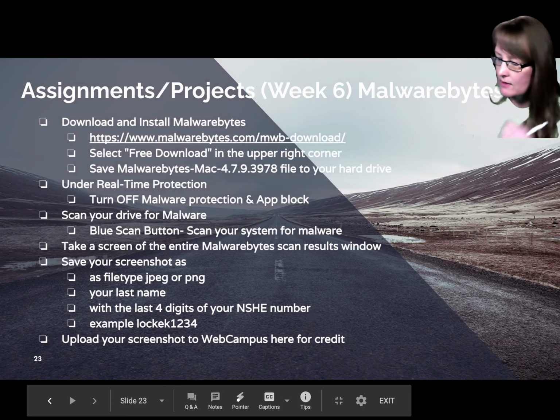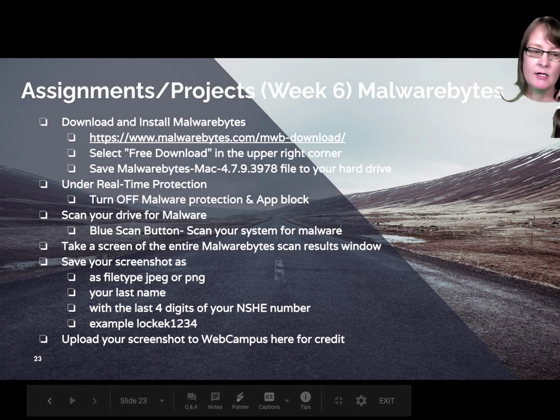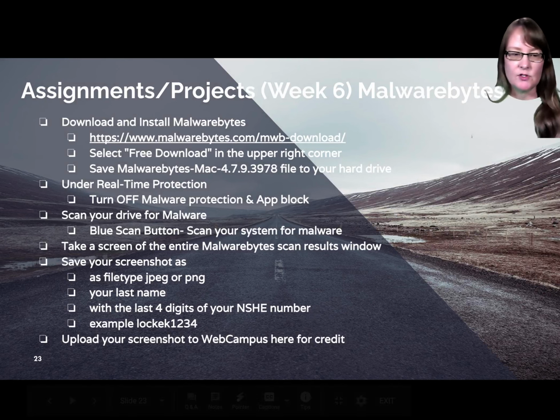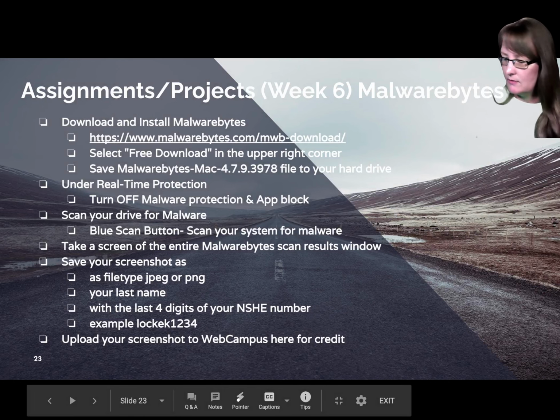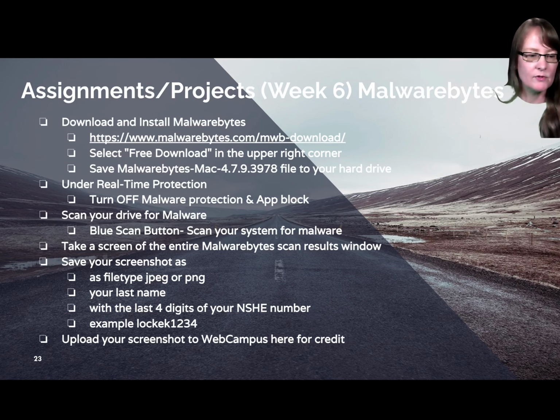So I'm going to go back to the Malwarebytes assignment. And then I'm going to move my mouse over to the right window. Where is that? Okay, so let's do, all right.